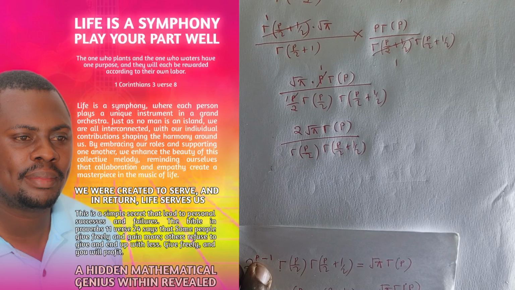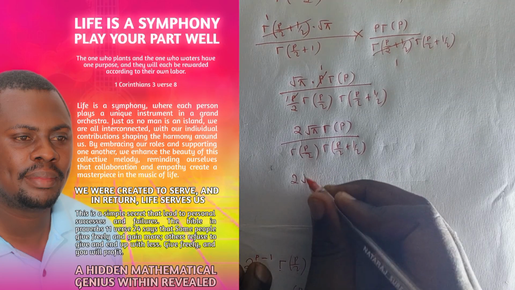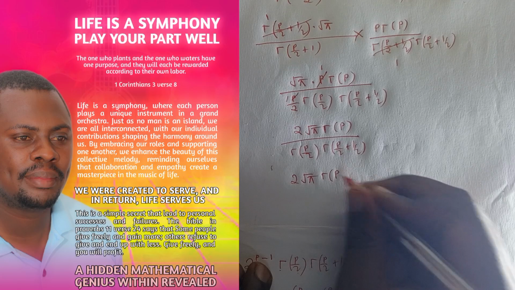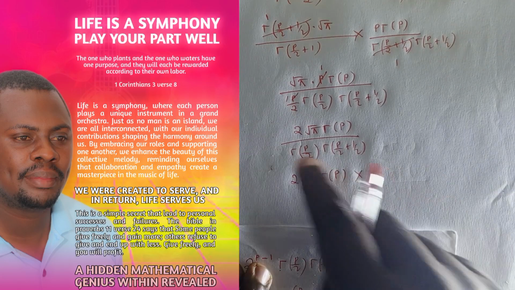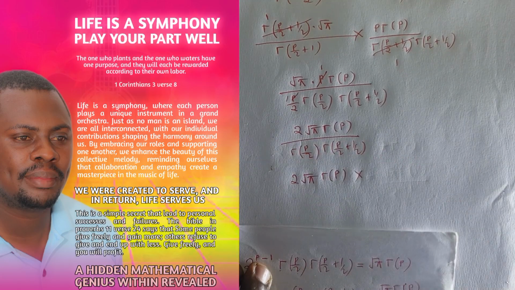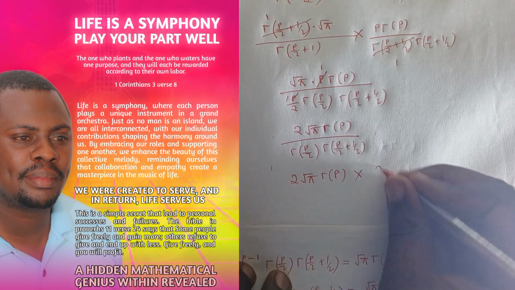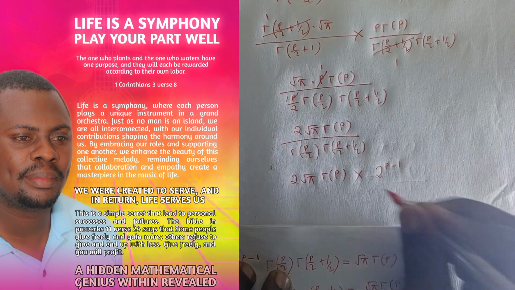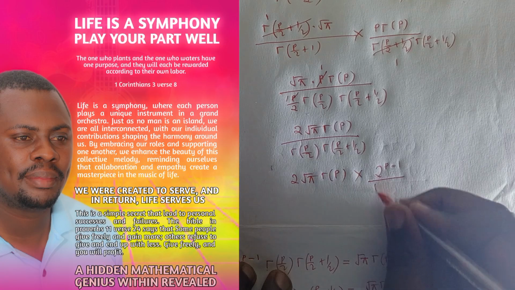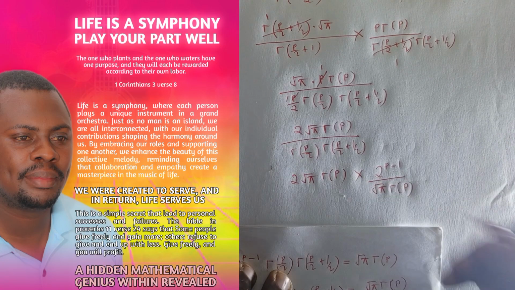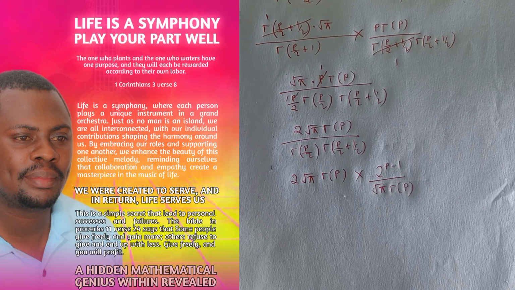Okay, so we have 2 square root of pi gamma of p multiplied by, so now here the fraction will interchange, so we are going to have 2 to the power p minus 1 over the square root of pi, then gamma of p.